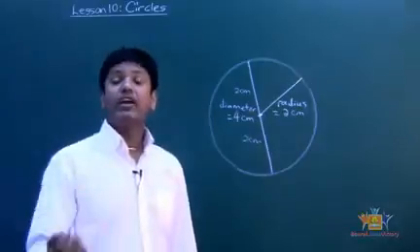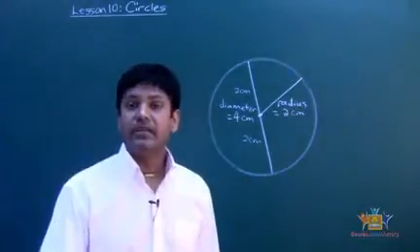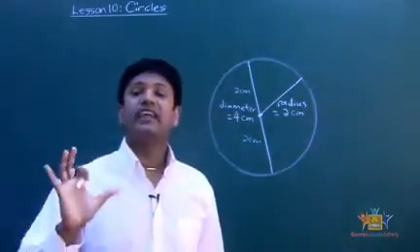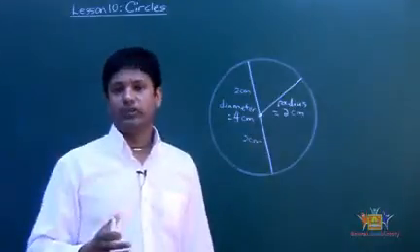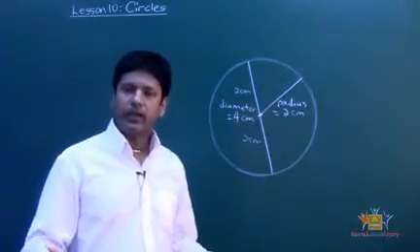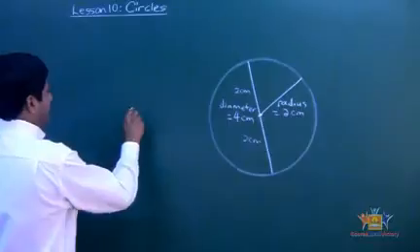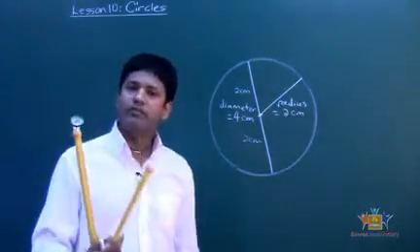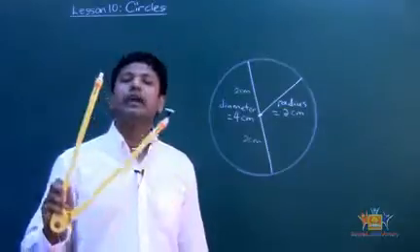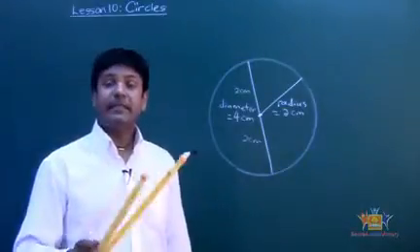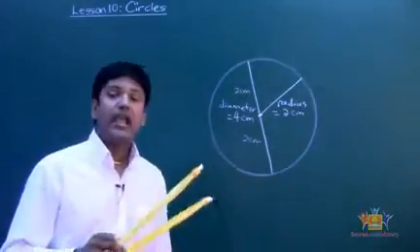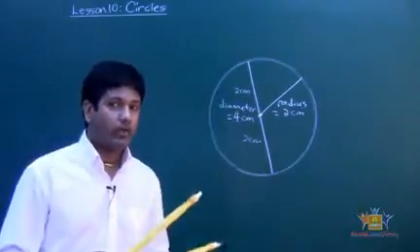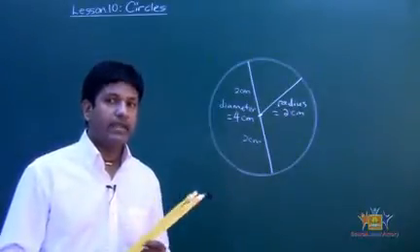So now if I give you a diameter of 6 centimeters and I want you to draw a circle, how do we do that? Again we need a center point, but when you use a compass, you always use a radius. If it's 6 centimeters diameter, what would be the radius?